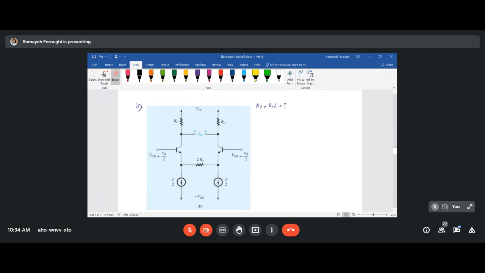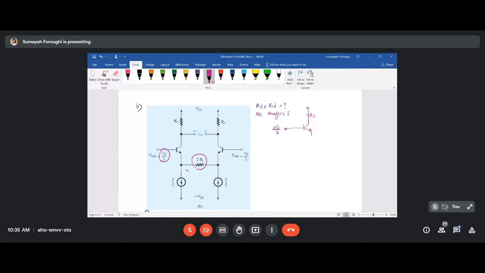So for now, I'm just working on AC analysis. AC analysis for the half circuit. Okay, then you will have one RC on the top. It's the half of this circuit, so you will have only the AC voltage source, and you see you have two times capital RE.